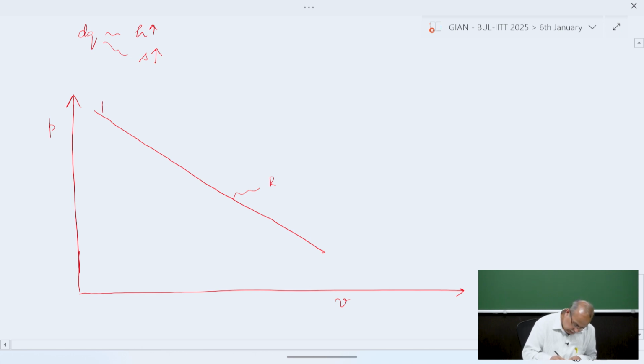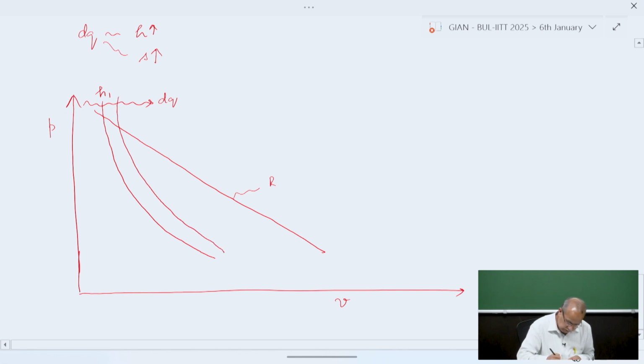So addition of heat, so here it is, this is H1 in the direction of heating Q will cause the enthalpy to increase, H2.